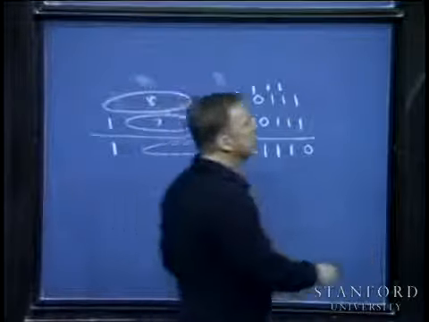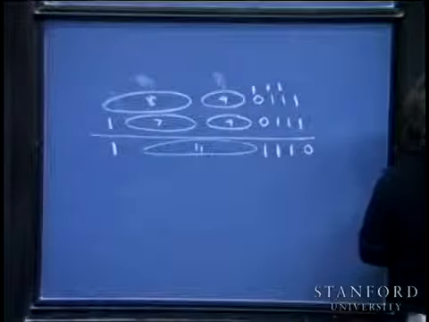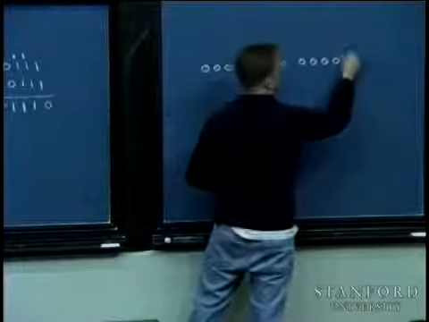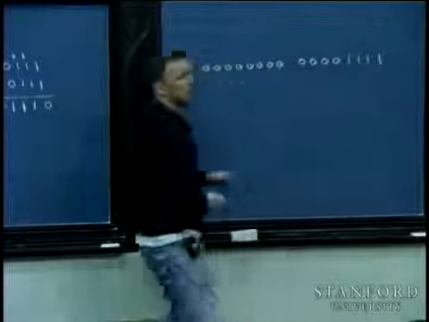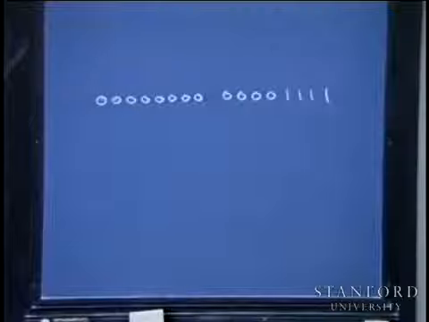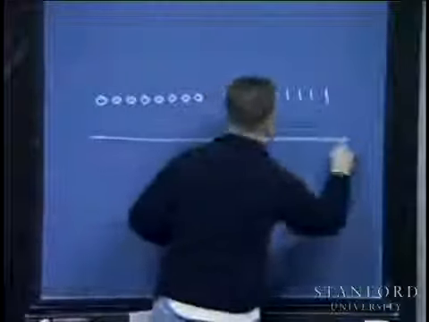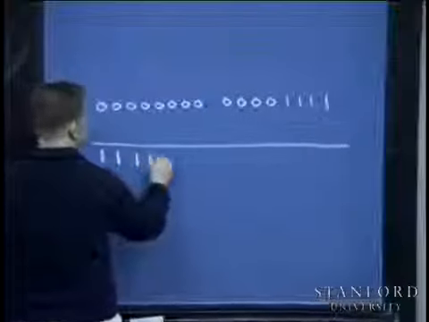So if I put down 1, 2, 3, 4, 5, 6, 7, 8, 1, 2, 3, 4. Let's mix it up. Let's put the number 15 down. And I want to figure out what bit pattern to put right here to get all ones right here.